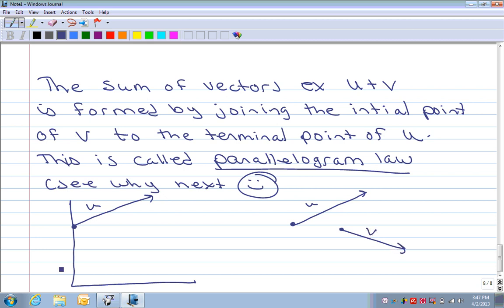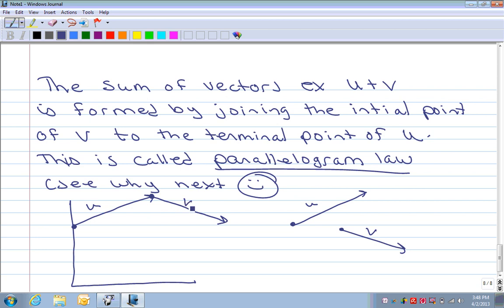Okay, so if I take vector u and draw it on my plane, and then I attach vector v to the terminal point of vector u, in other words, I'm going to start vector v right here, but remember it's got to go not only the same distance, but the same direction. So vector v would travel off something like this.